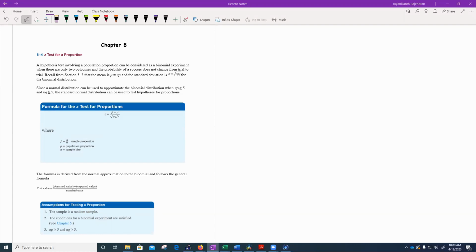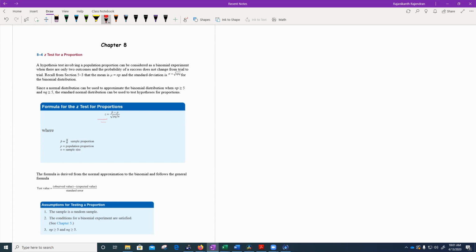So we are in section 8.4. Last time we were talking about hypothesis testing for the population proportion. We use the test statistic z, which is given by p hat minus little p over the square root of little p times q over n.